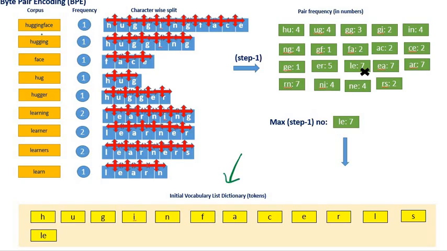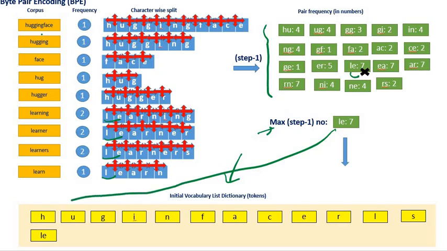Now, in this paired frequency table, which pair has the maximum value? That is LE, correct? LE: 1, 2, 3, 4. So step number 1, LE has the max. I'll put this LE in this corpus.